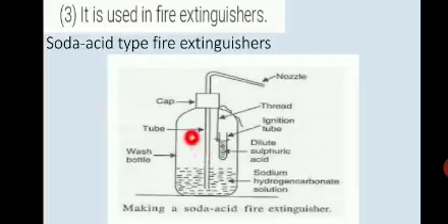The pressure of this carbon dioxide gas forces a stream of liquid through the narrow nozzle. It forms a blanket around the burning substance and cuts off the supply of air. Thus, the process of burning stops and the fire gets extinguished.